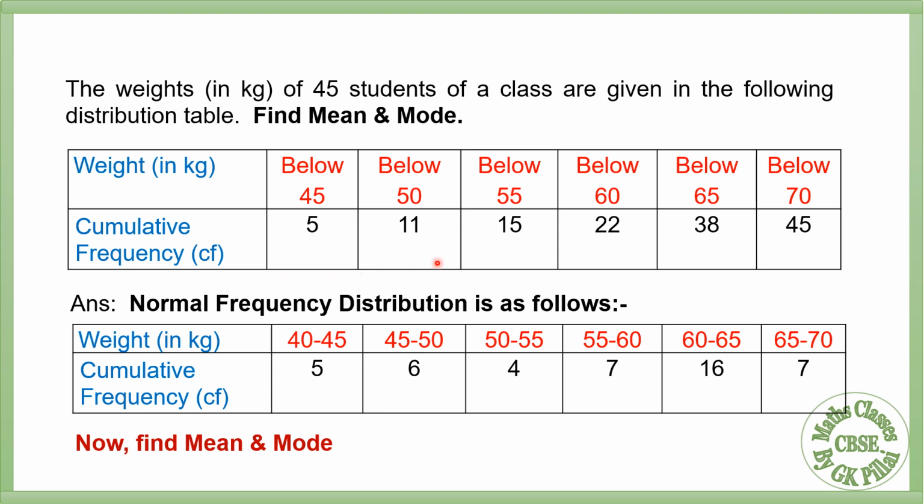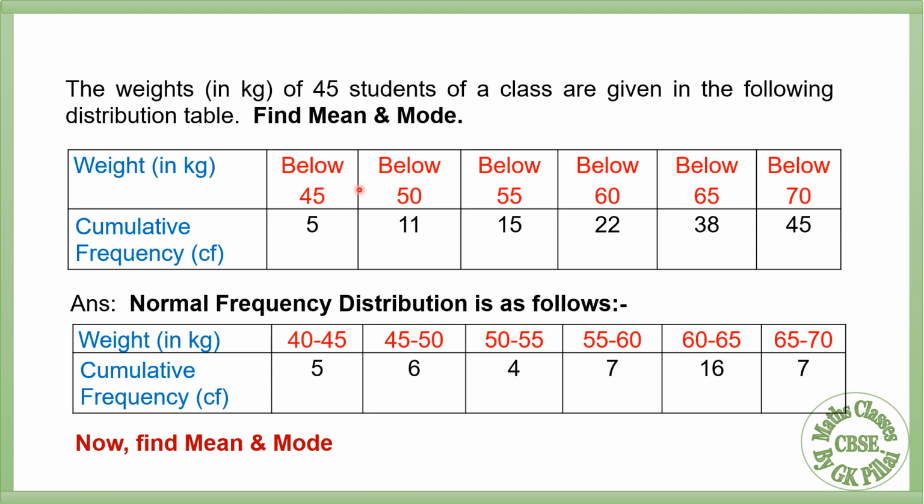Here, once again, you are given the cumulative frequency, how to get the normal frequency. Here it is below 45, below 50, below 55 and so on. Here the weight in kg and here cumulative frequency. Here once again it is the same thing. So 5 will remain here. With 40 to 45 the frequency will be 5.